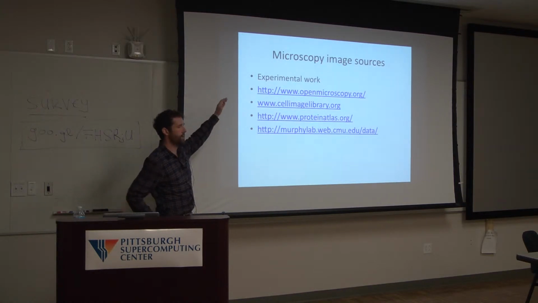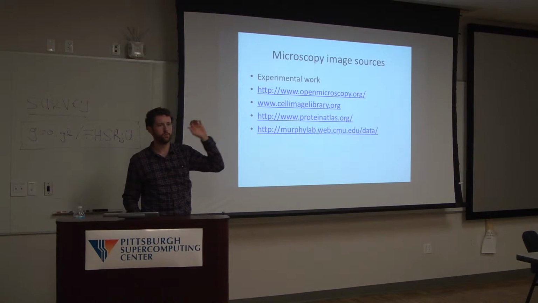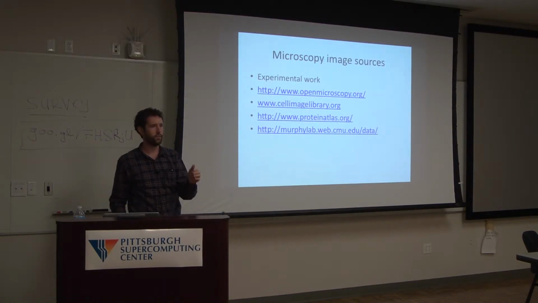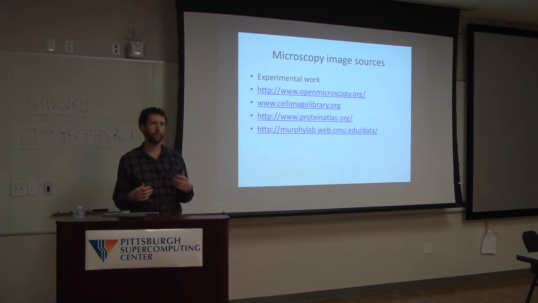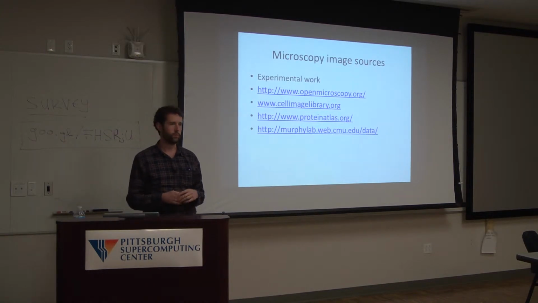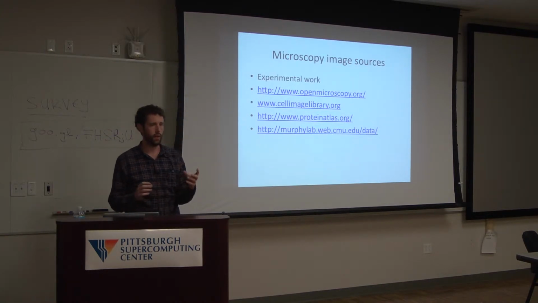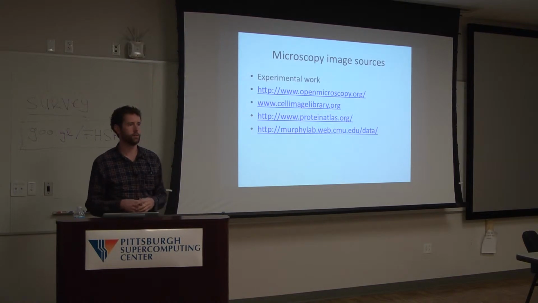Of course, the top one there, experimental work, is the best way to get something that you know is going to be the system that you want it to be and the conditions that you want it to be under. Anytime you're using someone else's data, you have to be really careful that you are absolutely aware of how they set up their experiment and everything like that.